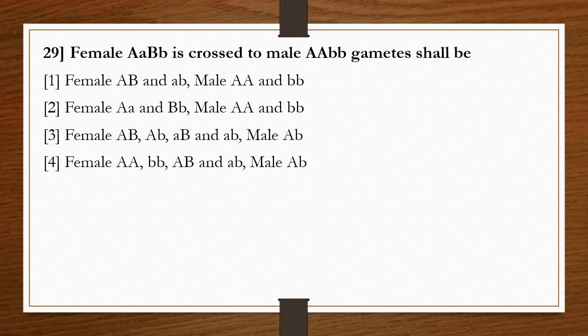Question 29. Female capital A, capital B, small b is crossed to male capital A, small b. Gametes shall be. The question is clear. The female is capital A, capital B, small b. The male is capital A, small b.